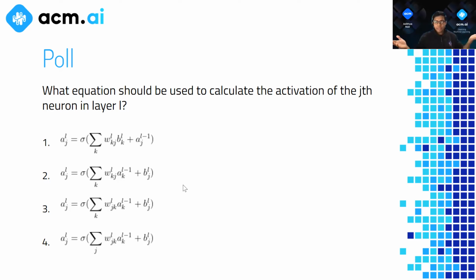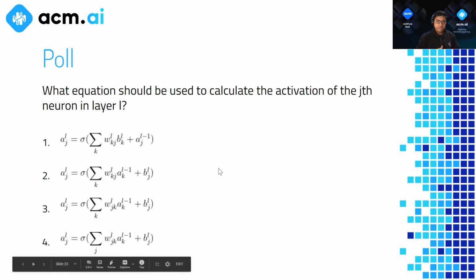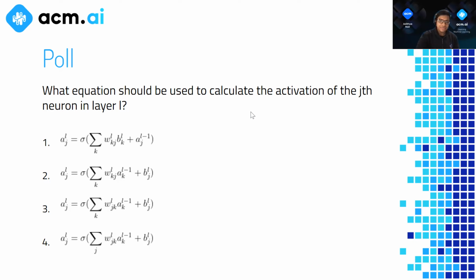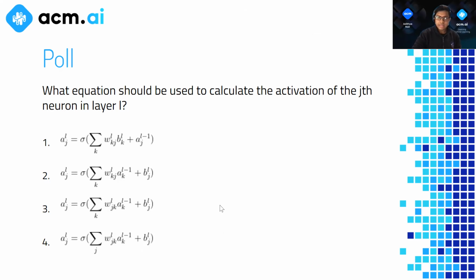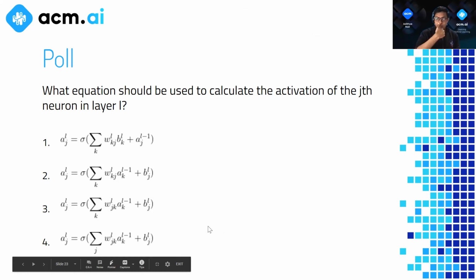So most of y'all, the majority, got it right. These questions are kind of low key meant to trick y'all. The third one is the right one, and it seems like a lot of people chose the fourth one, which is understandable. There's only a small difference between both of these, but it's important to keep in mind that we are always going to be looping through all the neurons in layer L-1.